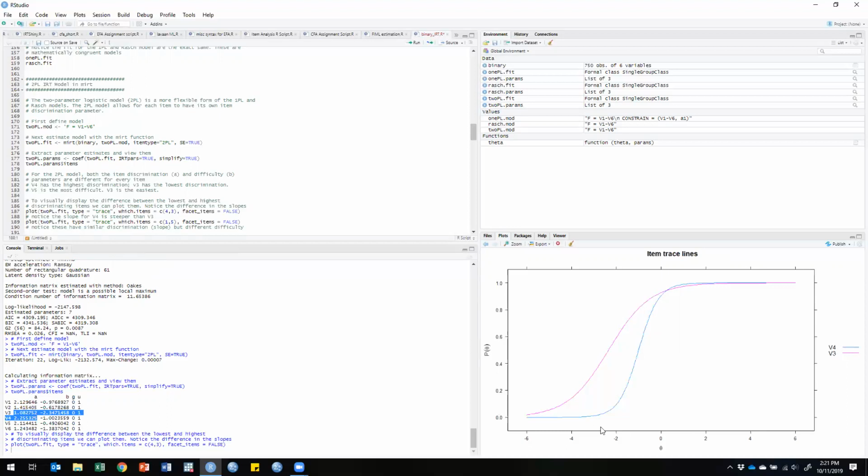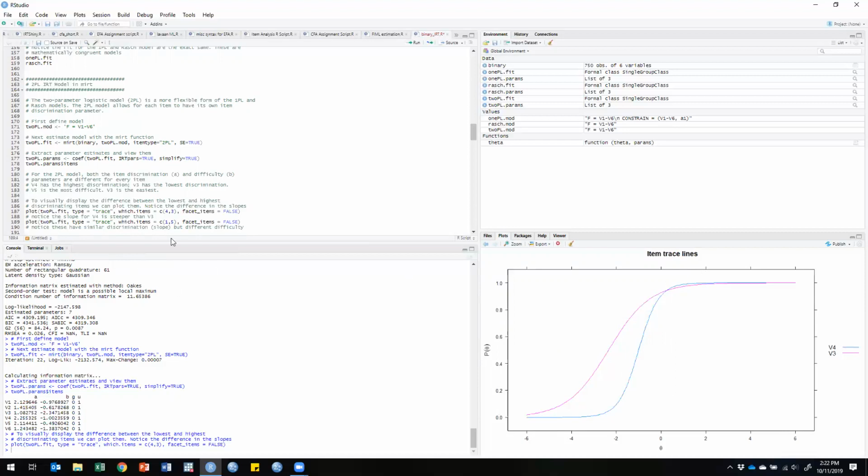Notice that the slope for item 4 is a lot steeper than the slope for item 3. And also notice that they're shifted a little bit differently along the x-axis because their difficulty levels are slightly different. The difficulty is going to shift the item across the x-axis. The discrimination is going to change the slope of the line.